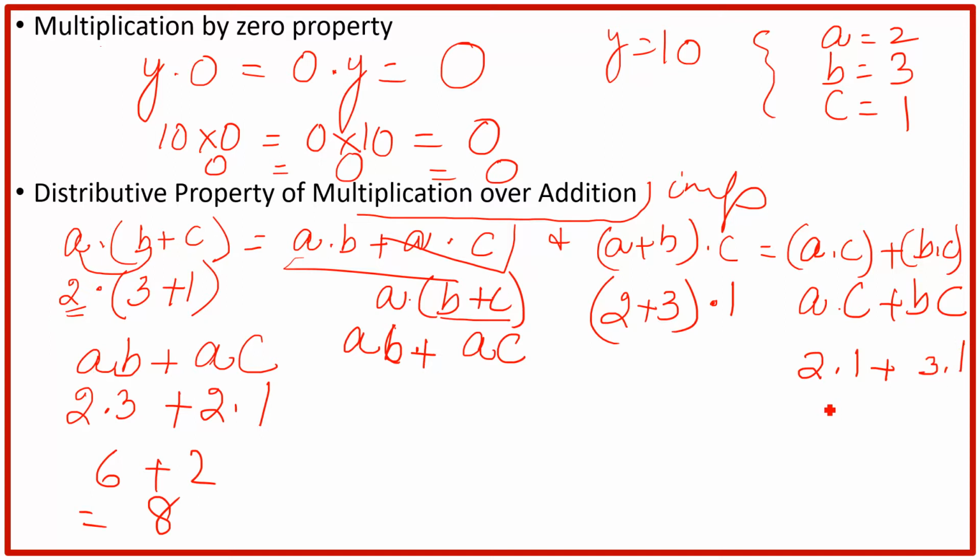So it is equal to ac and bc. AC, and it is 2 plus 3, which is equal to 5. So here we see 5. And here the same thing: 3 plus 1 is 4, and 4 times 2 is 8. 8 equals 8, and here 5 equals 5.